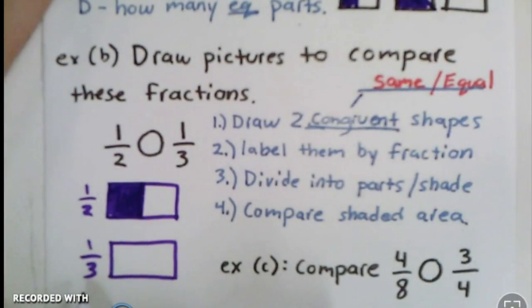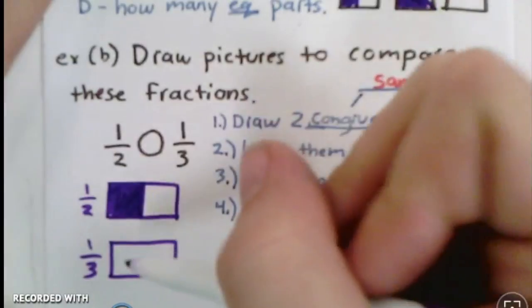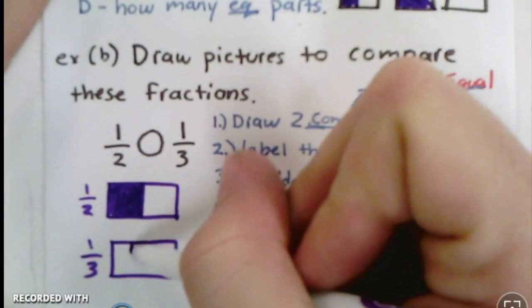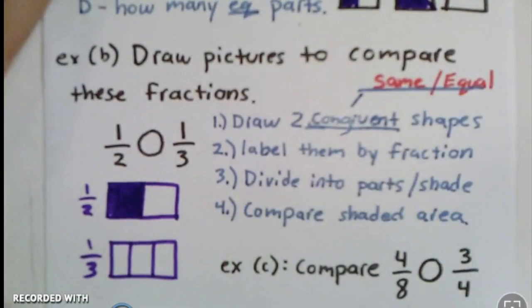So for this one, I have a denominator of 3. So I'm not going to cut it in half because I want to put it into 3 equal parts. And that's going to require me to draw 2 lines. So I'm going to draw 1 line here and 1 line here. And now that I have my 3 equal parts, I'm going to shade in whatever the numerator says, which is 1.